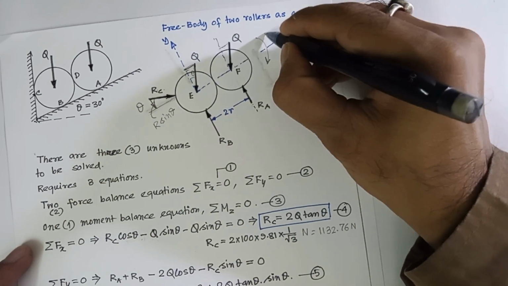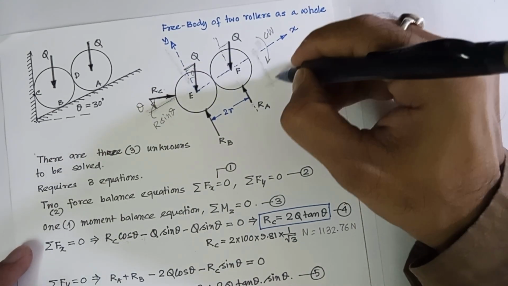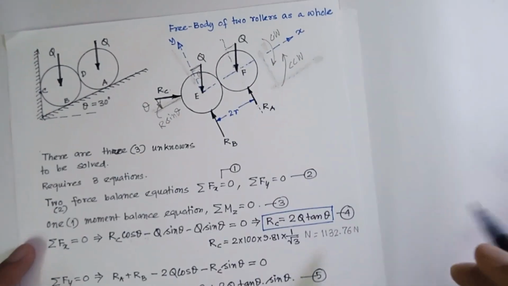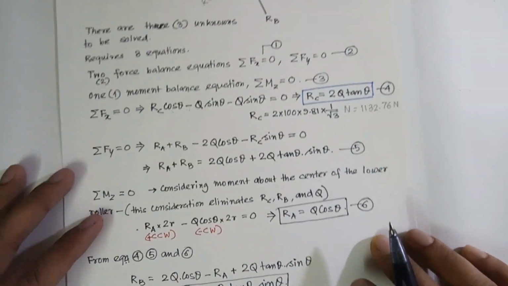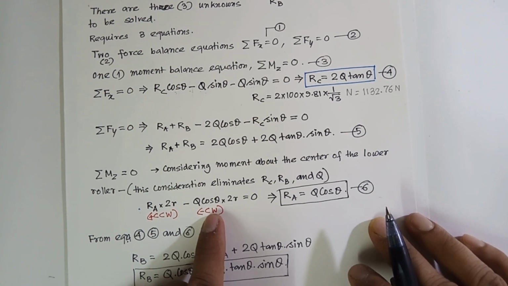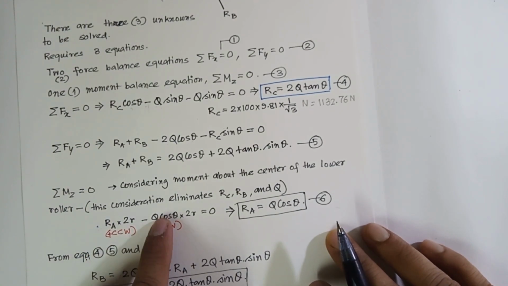This one is clockwise and this is counterclockwise or anti-clockwise. Therefore, a counterclockwise moment is taken as positive, clockwise moment is taken as negative. Their sum is equal to 0.